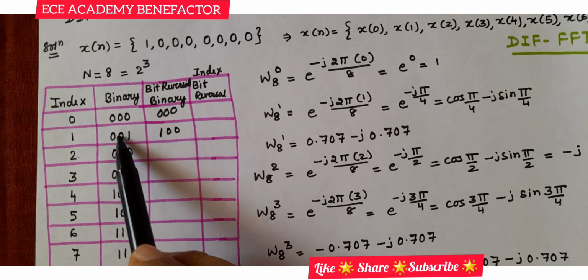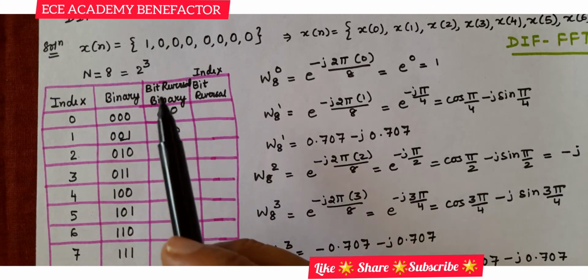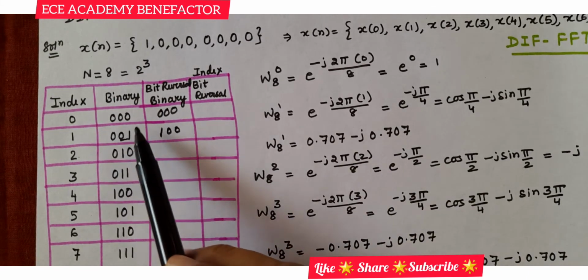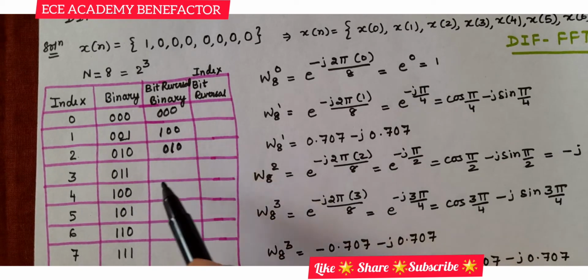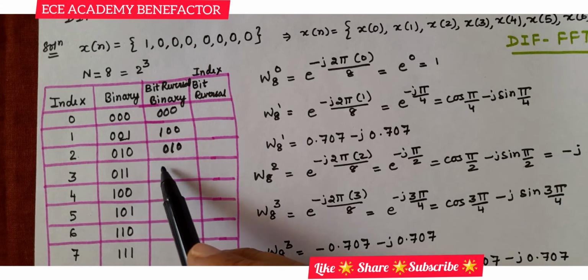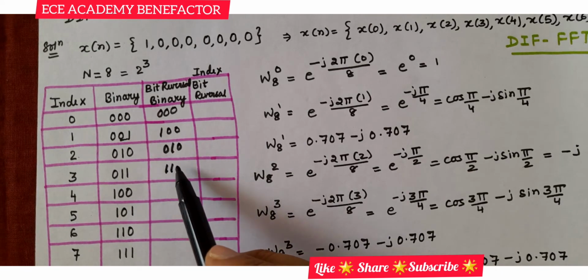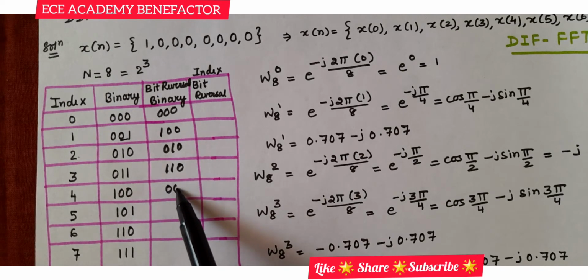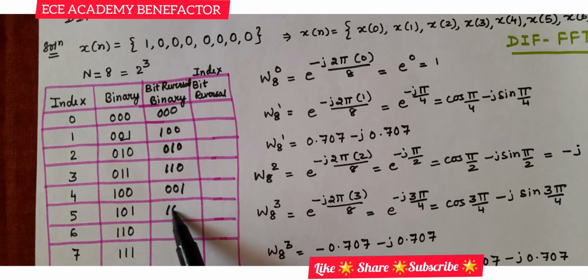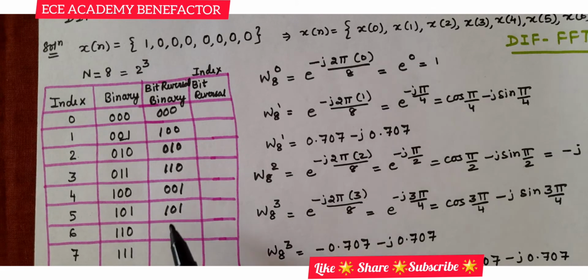The middle binary digit is not disturbed; the LSB and MSB are interchanged. So 010 stays 010, 011 becomes 110, 100 becomes 001, 101 stays 101, 110 becomes 011, and 111 stays 111.